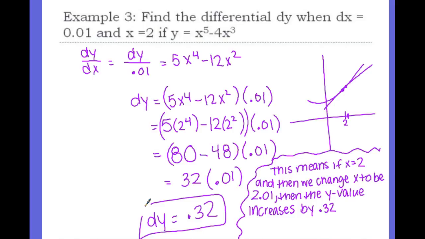So it rises up 0.32 when we run 0.01. Again, it's not precise because we are approximating, but that's what the derivative is saying: we are changing by 0.32 on y as we change by 0.01 on x.